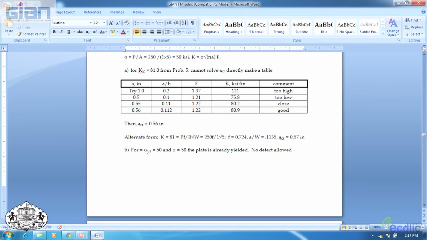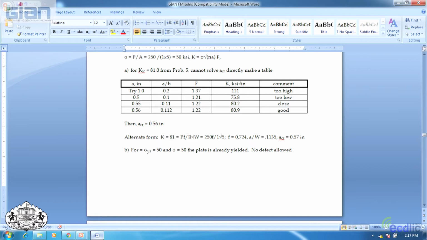So first of all, you assume the whole plate, 250 divided by 1 by 5 is 50, and then use this K form. Now, crack length is under the radical. Crack length is also part of the F function. So I do the iteration.